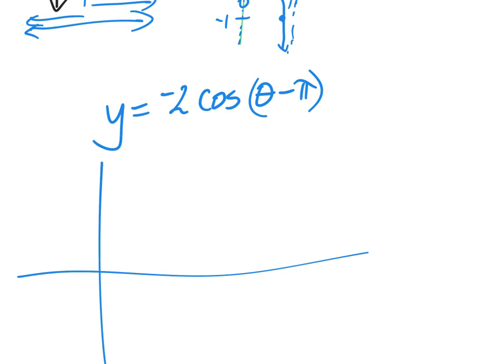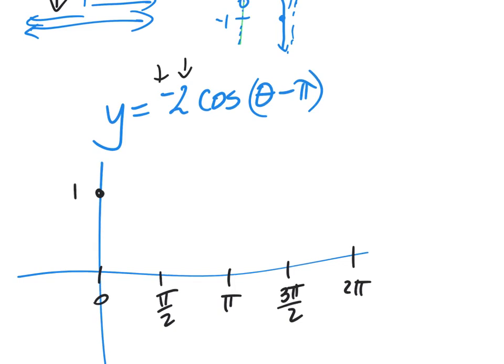Okay, so in this one, first I have to graph cosine. Cosine starts at 1, and I always just do the same original graph. Pi over 2, pi, 3 pi over 2, and 2 pi. And you might be like, but it's got this and this. I'll do those later. To start with, I just graph normal cosine.